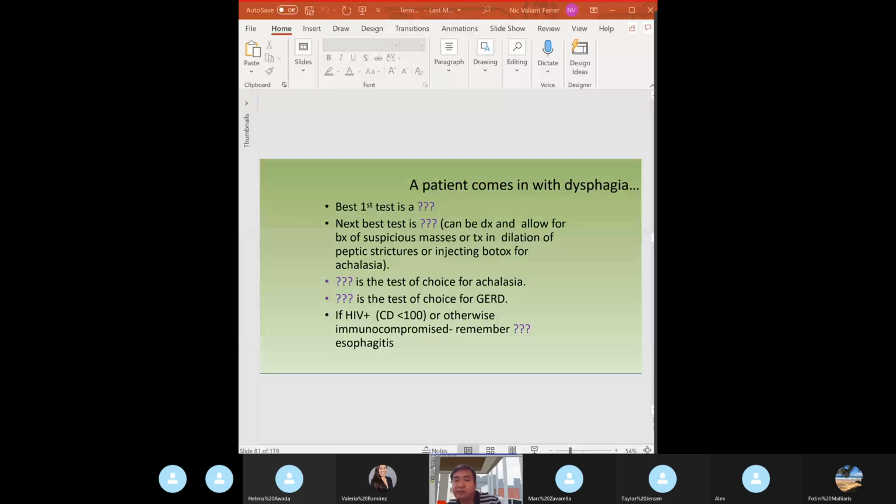What is the test of choice for achalasia, or the best test, or the most diagnostic test for achalasia? If you see this one, boom, it is achalasia. No ifs, no buts. I think it's the barium swallow, and we'll see the bird beak appearance.